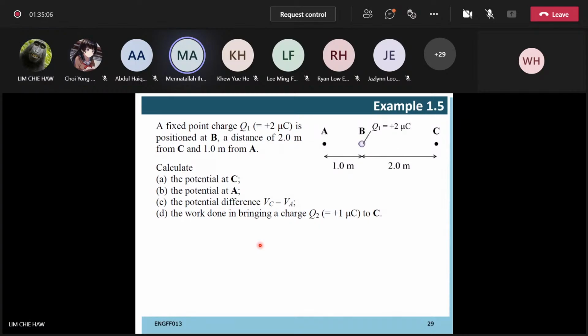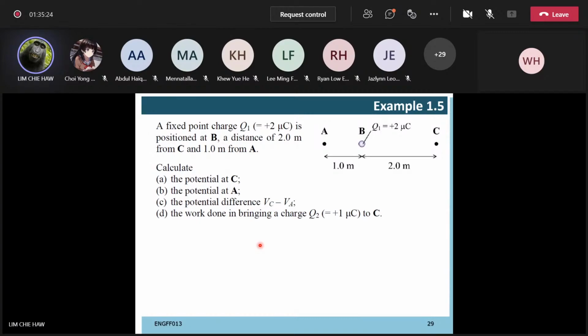When we say potential at point C, what happens to point B? Does point B go to the position of point C? The charge at point B is not moving, right? It just stays there.